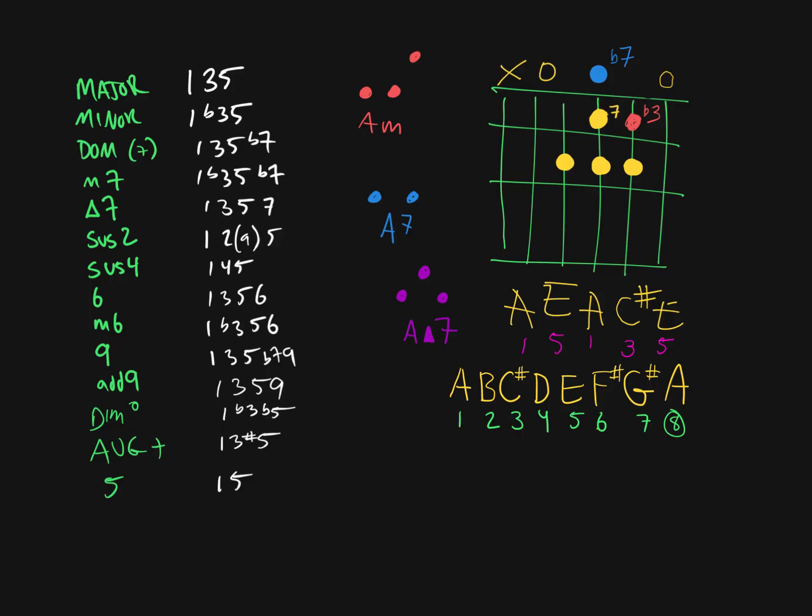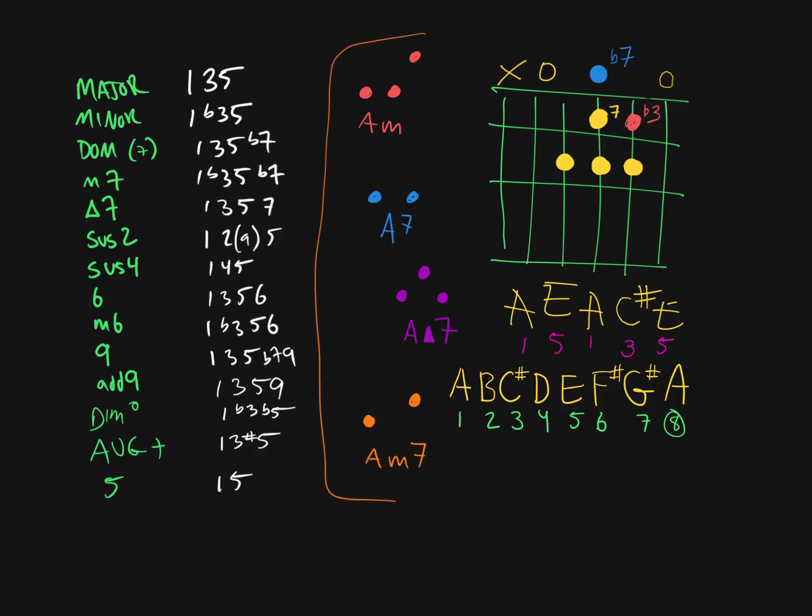So now if we take the flattened 7 and the flat 3, and we combine it over top to create this shape, you might recognize this as the A minor 7 shape. Starting to make sense how we're just basically shifting notes around from that major chord. And with this knowledge, we're able to create many, many new chords.